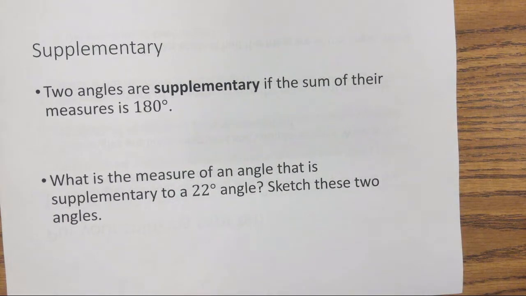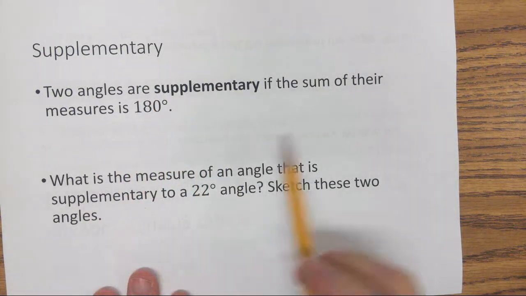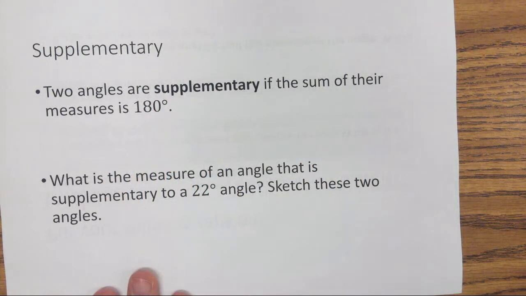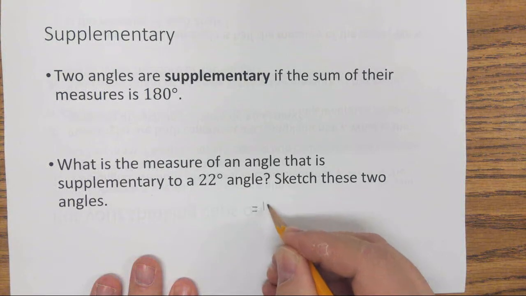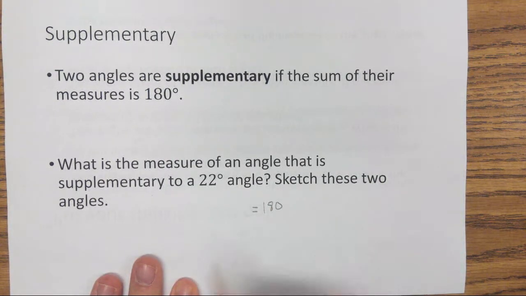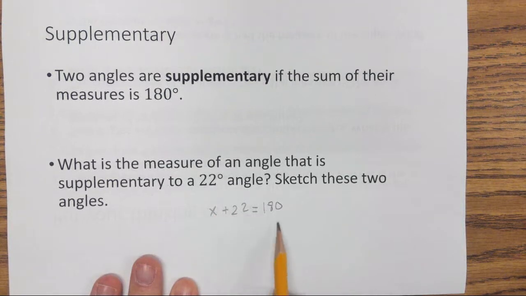Supplementary. What is supplementary? Two angles are supplementary if the sum of their measures is 180 degrees. This is just like the complementary thing that we just did. So it says, what is the measure of an angle that is supplementary to 22 degrees? Well, I want them to add up to be 180. So I have 22 plus x equals 180.